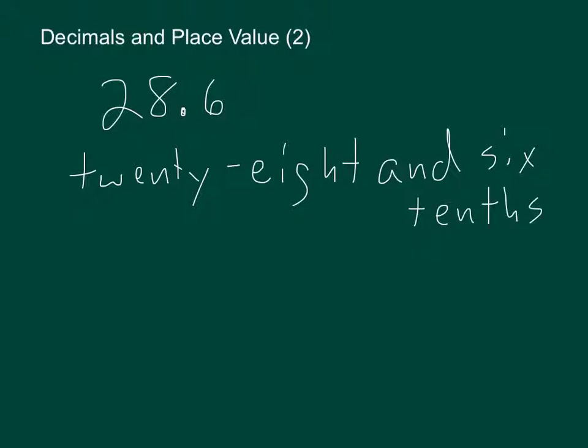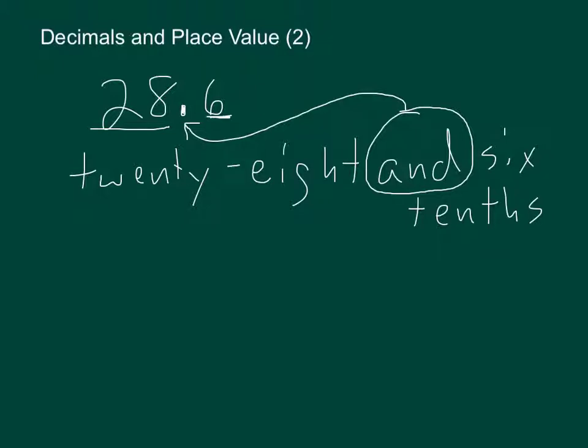I ran out of room there, but it's 28 and 6 tenths. Whenever you see the "and" when you're writing decimals, that's referring to the decimal. So you read the number before the decimal, so 28, and then for the decimal you just say "and", then after the decimal you say what's after the decimal. So this number is 28 and 6 tenths.